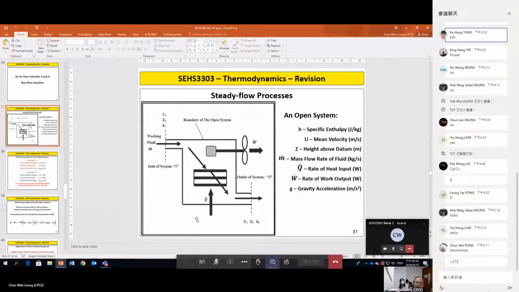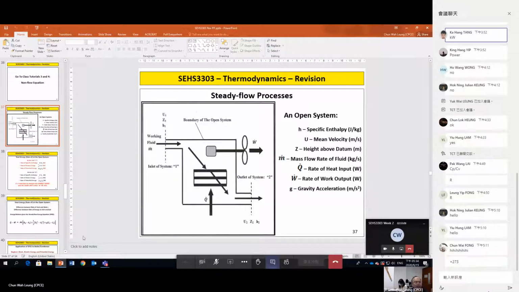So if we have more energy added in, then the total energy at the exit will be higher than the total energy at the inlet. But if we have a negative difference between Q and W, then we need to take away from the fluid. Therefore, the total energy at the fluid inlet must be higher than that of the outlet.